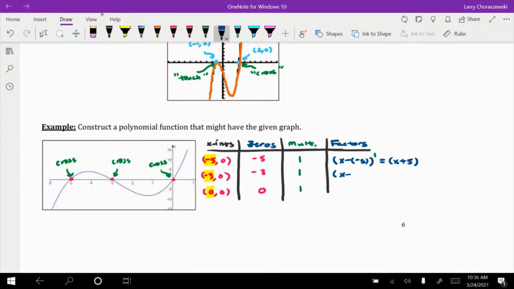The second factor would be x minus -3, and I'll put the multiplicity as the power. And that simplifies to x plus 3. And then our last factor, x minus 0, put the multiplicity as the power, and that all simplifies to x.